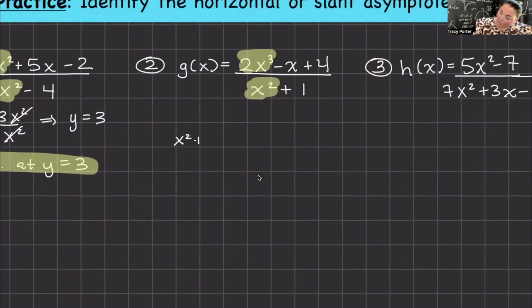You're going to do x squared plus 1 on the outside, and then you have 2x cubed minus x plus 4 on the inside. Now, you may remember when doing long division, you want to make sure that you have placeholders for the missing powers. Like this one is missing an x term, and this polynomial is missing an x squared term.